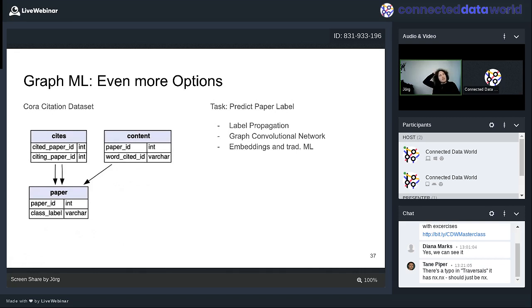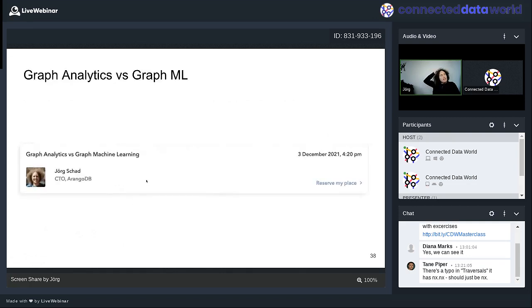We'll get into those details when we touch upon machine learning. But I think the core message should be, often you have different tools available and different choices available. This is what a talk of mine tomorrow will actually touch upon, graph analytics and graph ML. So where's the trade-off between different techniques? Where's the trade-off between different tools?